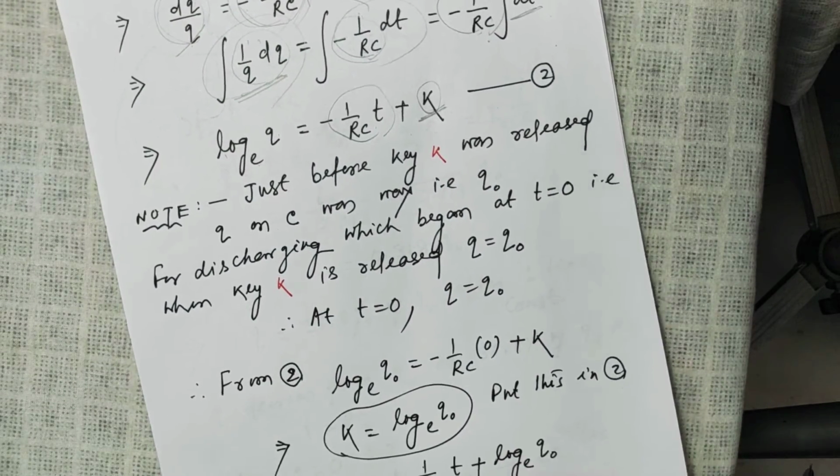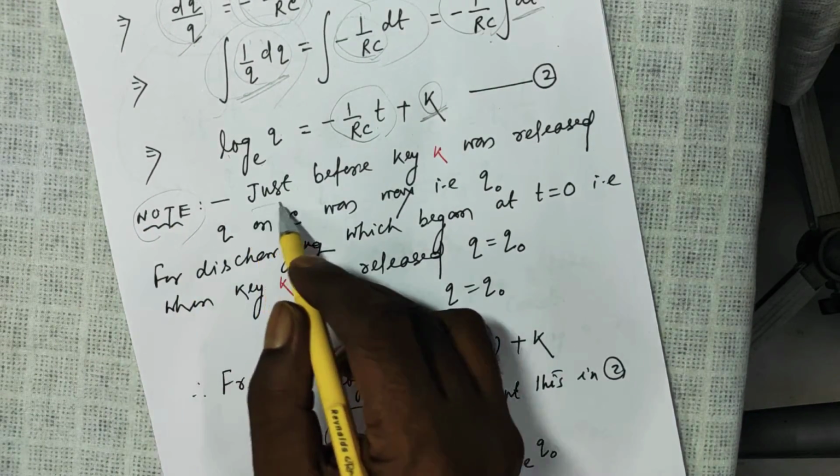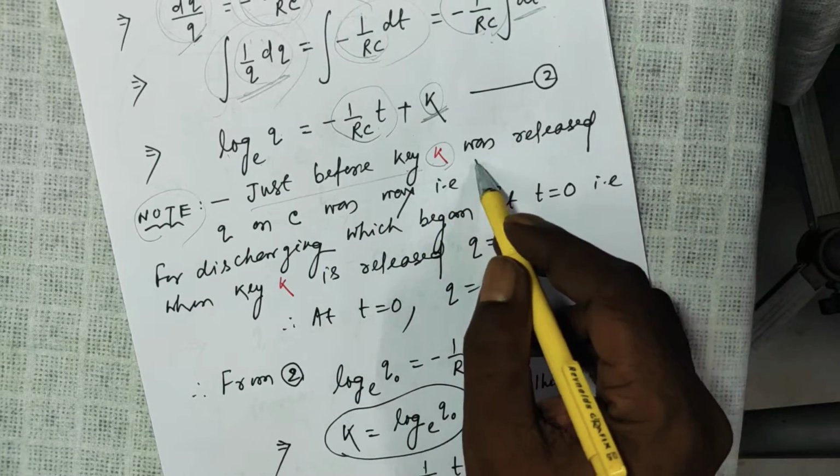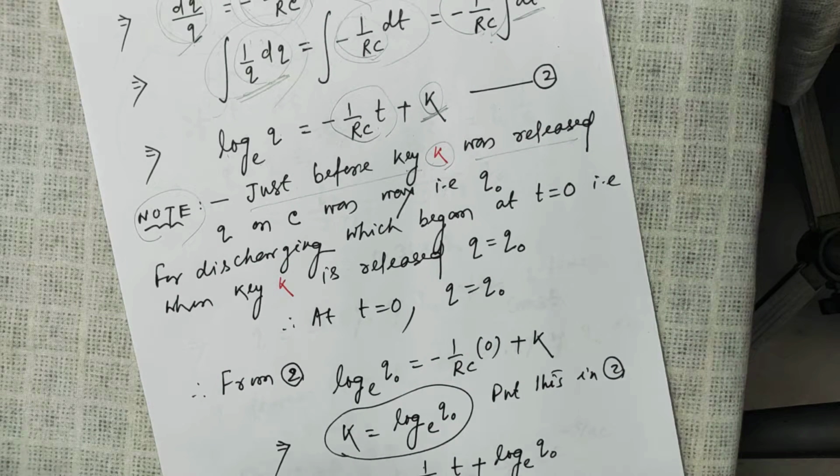Here is the understanding. Note, just before the key K was released, the capacitor was charged. And the charge in the capacitor was maximum, Q naught. Now you start counting time again for the discharging process.